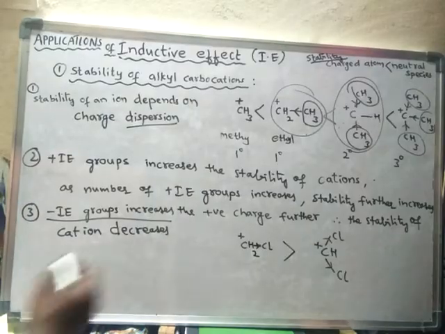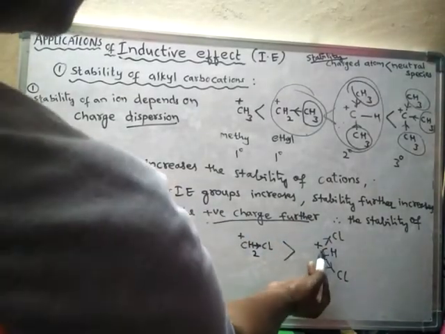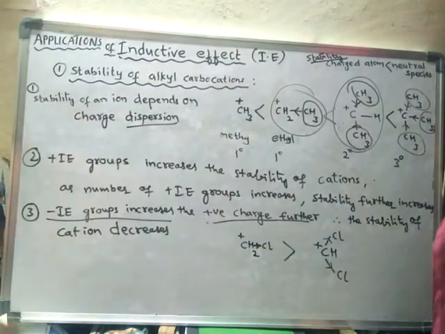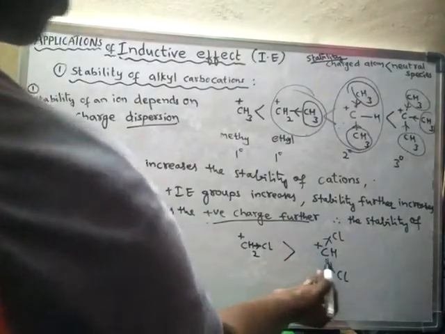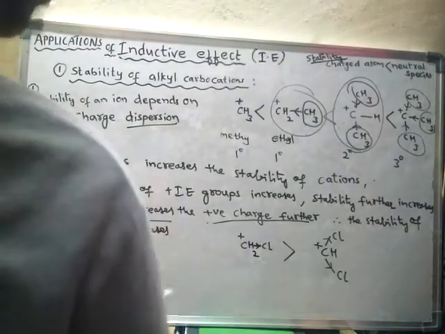They increase the positive charge further. So already it has somewhat positive charge, and due to these two minus IE groups, the positive charge on this carbon will further increase. So when compared to this one, this is less stable.